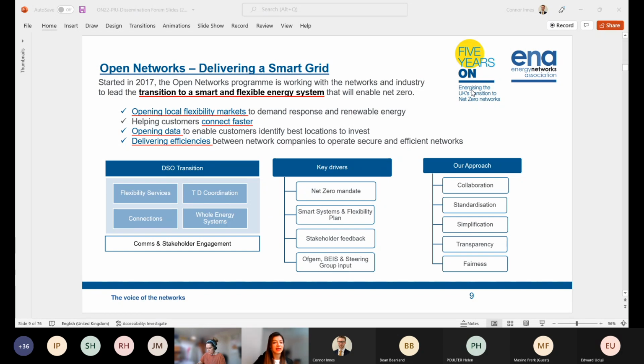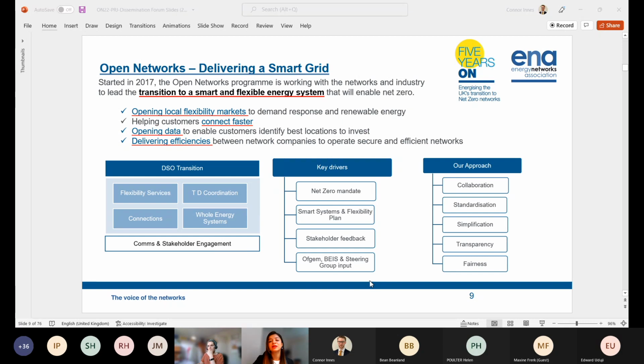To take each one of these forward, we've set up 6 different work streams across the program that you can see here on the bottom left-hand side. As I mentioned in the slide earlier, the work of our program is really driven by the net zero mandate. Last year in June, we saw the Smart Systems and Flexibility Plan come out.